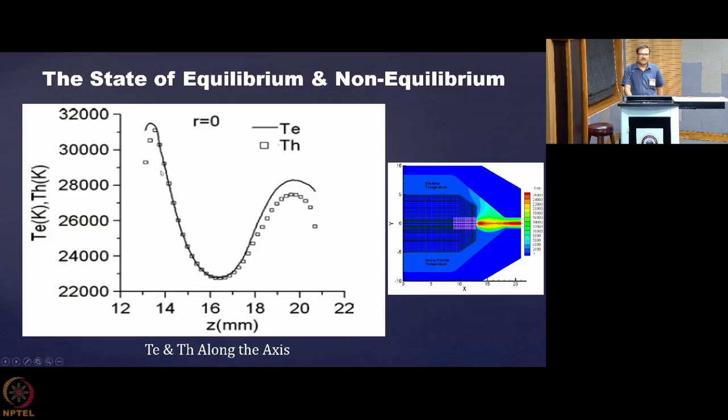You see that the temperature is quite high, and as you go downstream along the axis outward, this axis has been plotted over there.